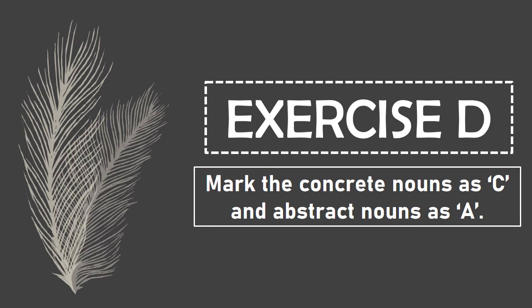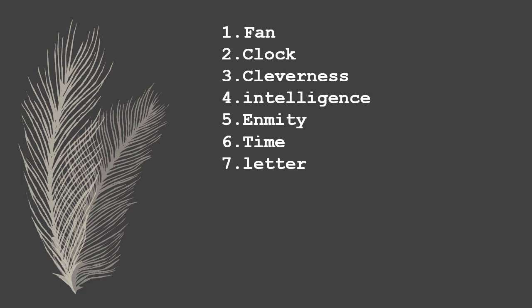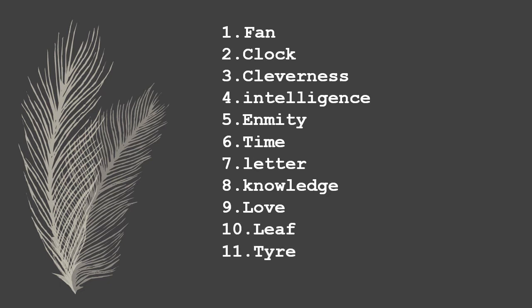Here the list provided is fan, clock, cleverness, intelligence, enmity, time, letter, knowledge, love, leaf, tire, and book. So you have to know the difference between concrete noun and abstract noun.